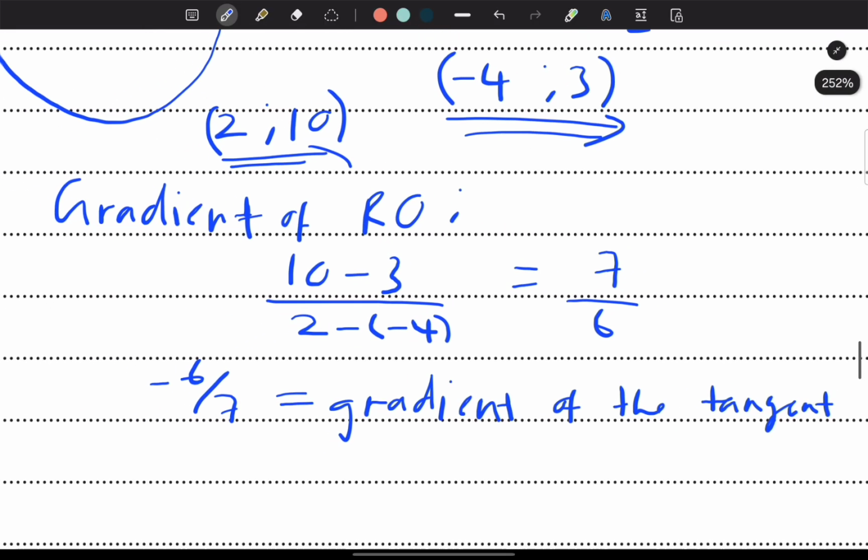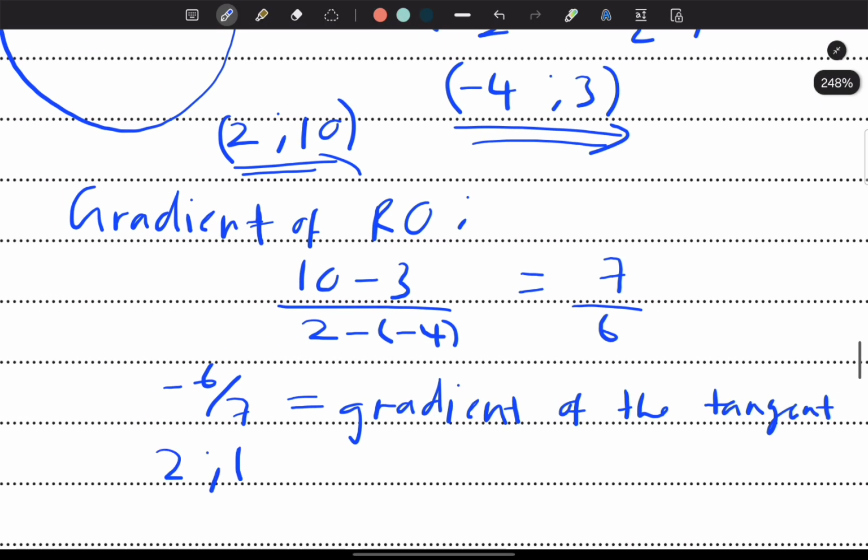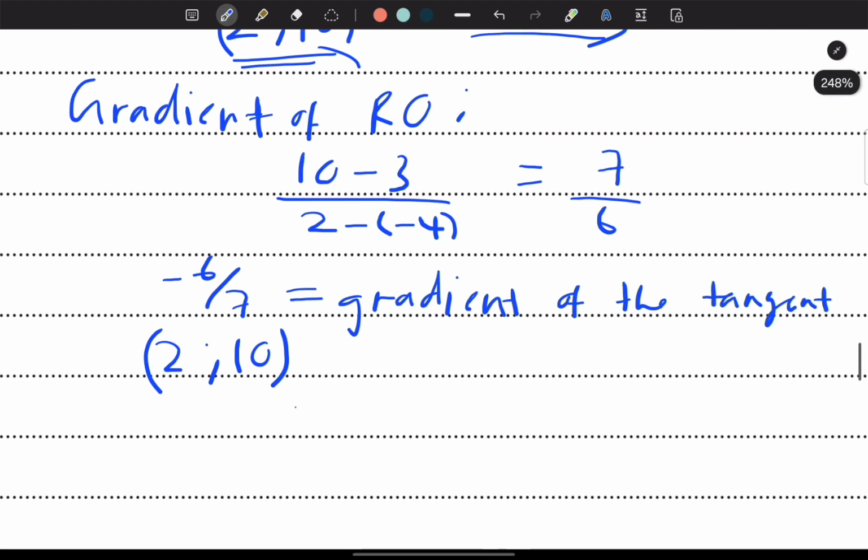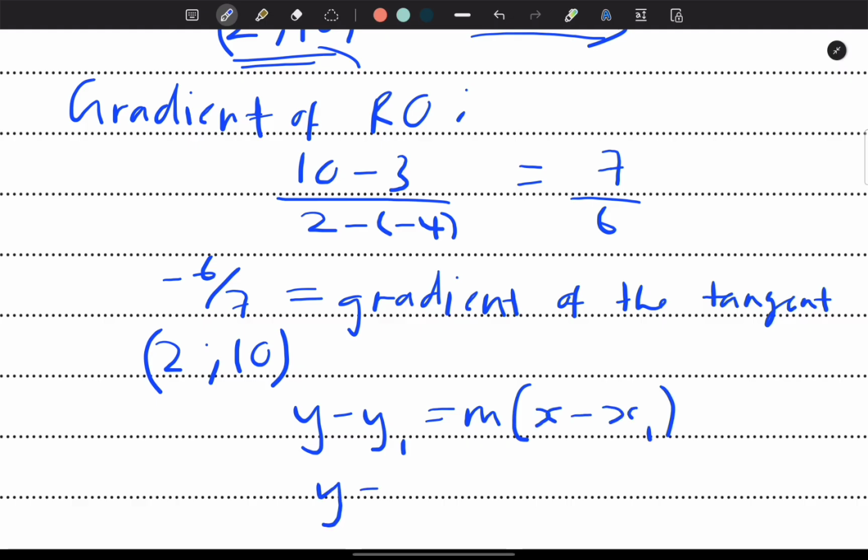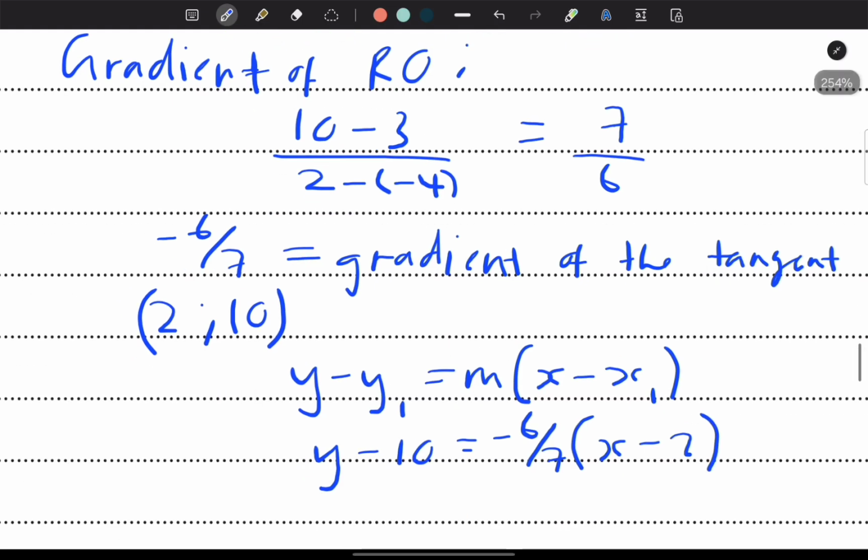And using R, which is (2, 10), we can find the equation. So we use y minus y1 equals m times (x minus x1). So y minus 10 equals m, which is minus 6 over 7, our gradient, times (x minus 2).